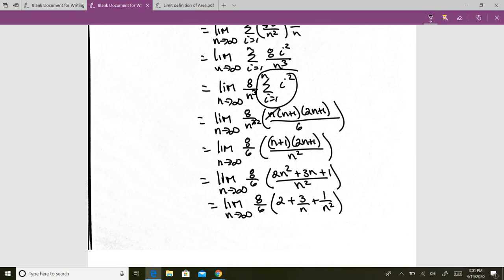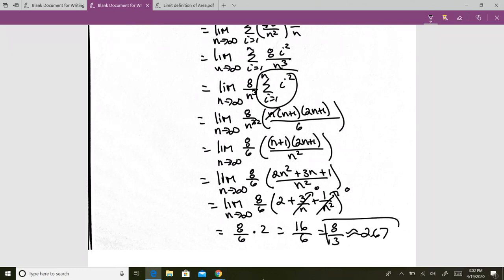And so if we do the limit as n goes to infinity, that goes to 0, that goes to 0, and I'm left with 8 over 6 times 2, which is 16 over 6, which is 8 over 3, which is about 2.67, which, when we learn how to actually do one of these, is the actual answer.